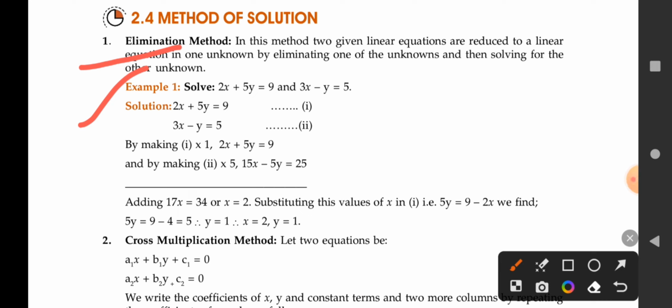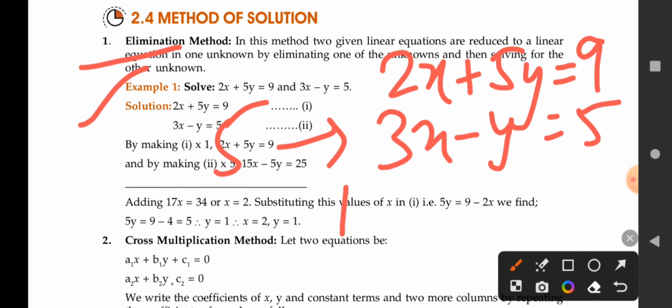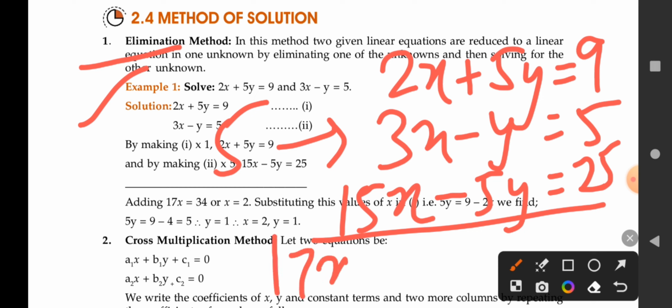Okay, so you get 2x plus 5y is equal to 9, 3x minus y is equal to 5, right? So multiply this with 5, you get 15x minus 5y is equal to 25. Let's add. You get 17x is equal to 34.